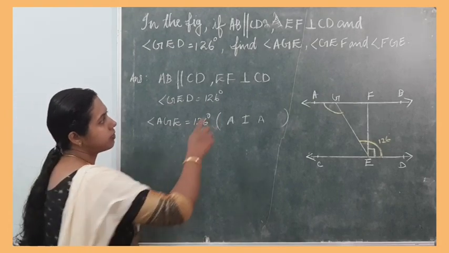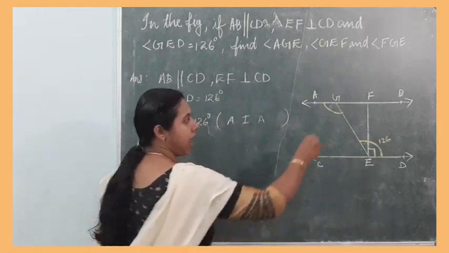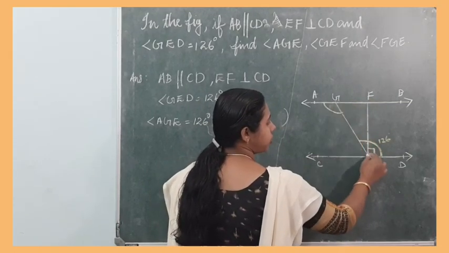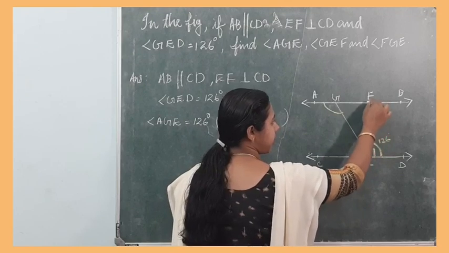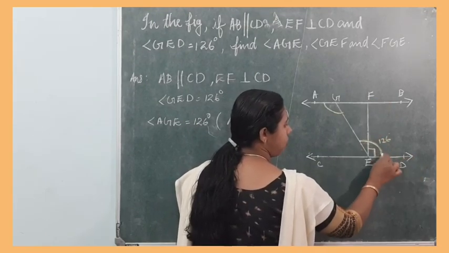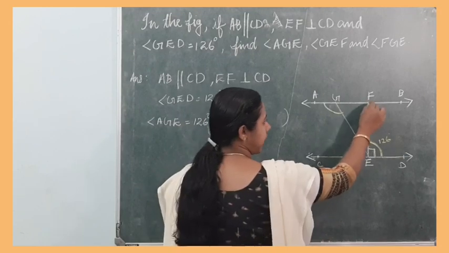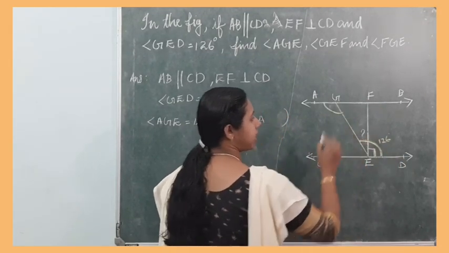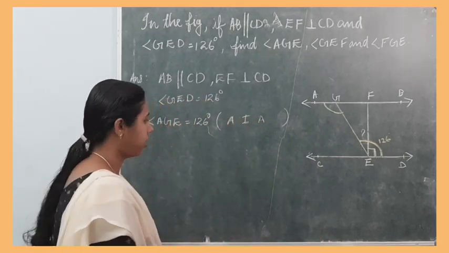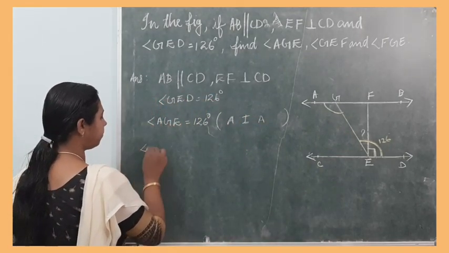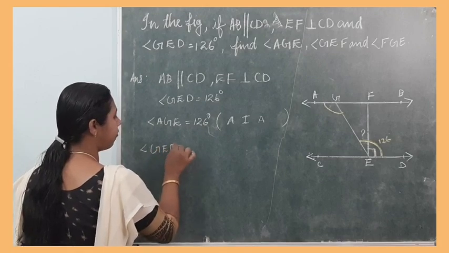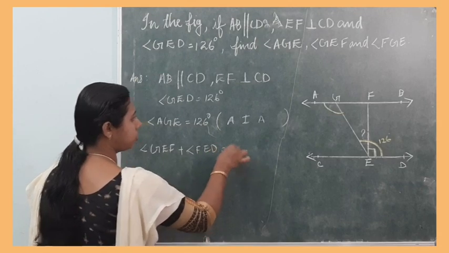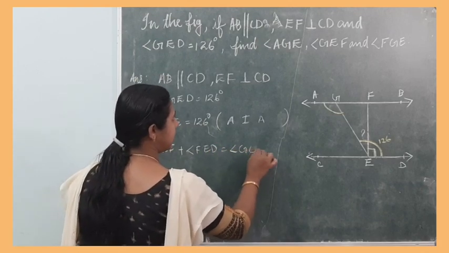The next one is we want to find angle GEF. Sum of these two angles, angle GEF plus FED is equal to 126 degree. We know that angle FED is equal to 90 degrees. So we are able to find angle GEF. So the next line you can write angle GEF plus angle FED is equal to the total angle GED.